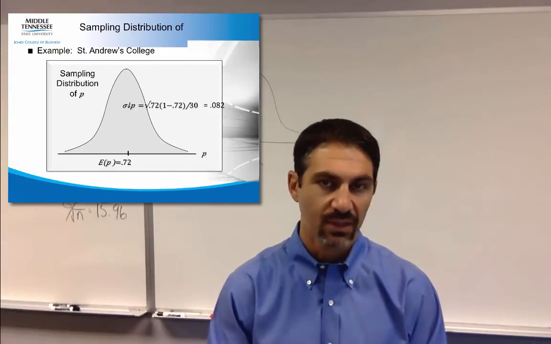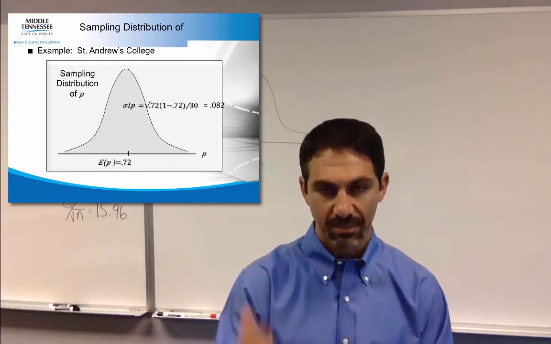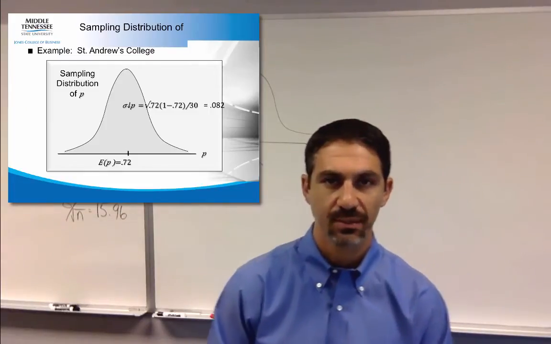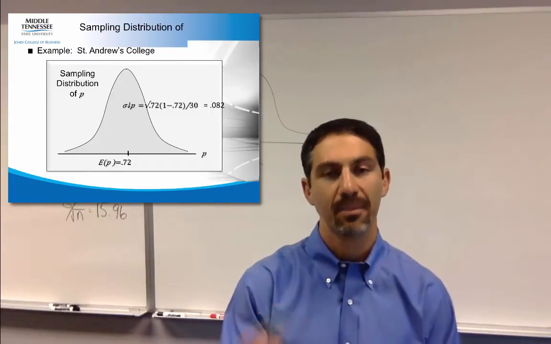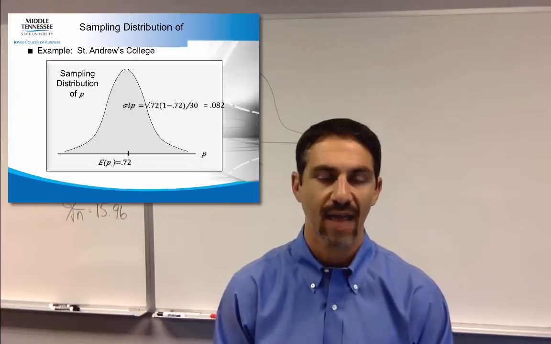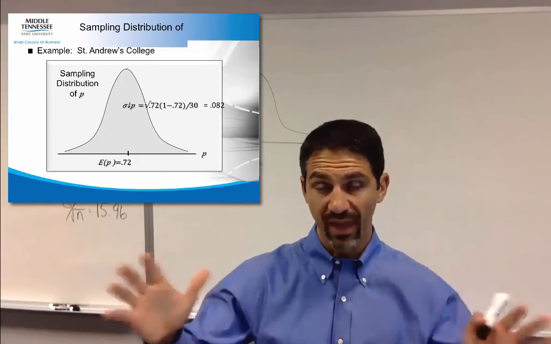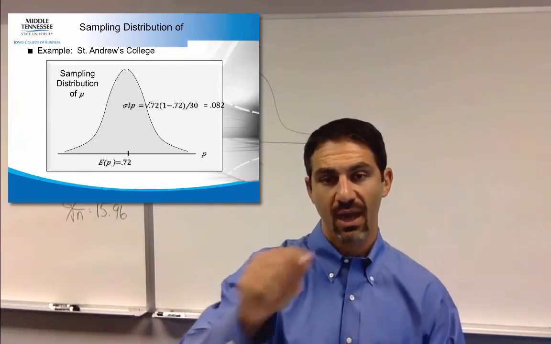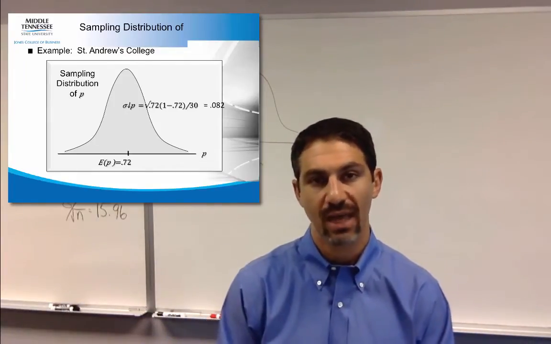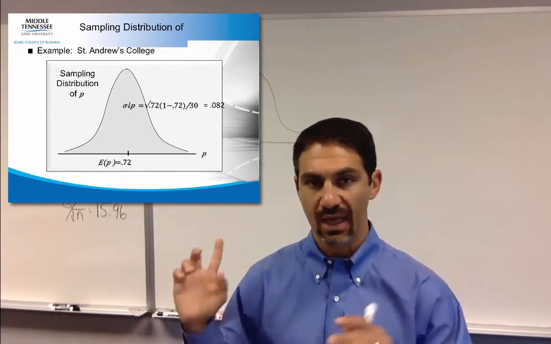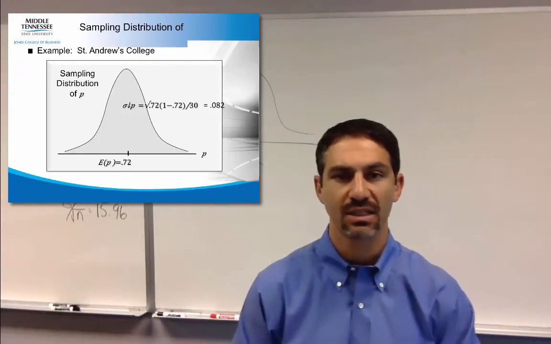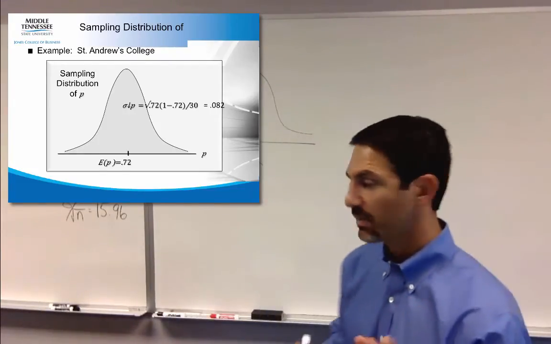And so the way that we do that is we take the population proportion, we multiply it by its complement, we divide by 30, and then the whole thing we take the square root of, and we should get that 0.082. So let me show you the calculation, because I think that's a little bit hard to decipher there. But this is what it should look like.